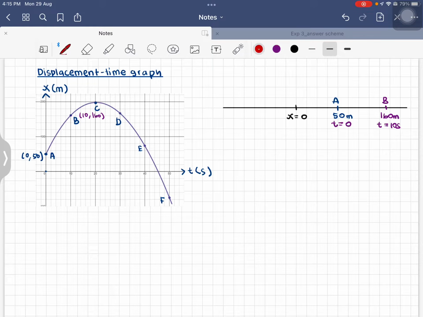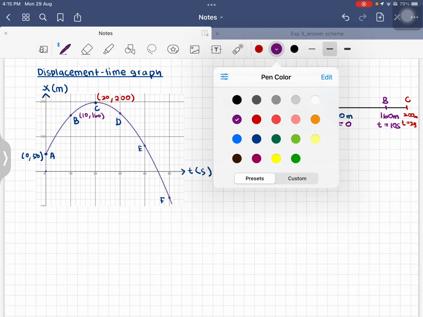And then you are moving to point C, which is at 20 second and 200 meter from your reference point. So let's say this is your C, 200 meter, and time taken here is 20 second. Okay, from A to B, you are moving to the right.